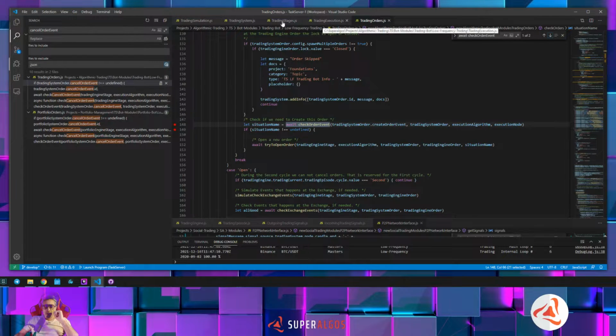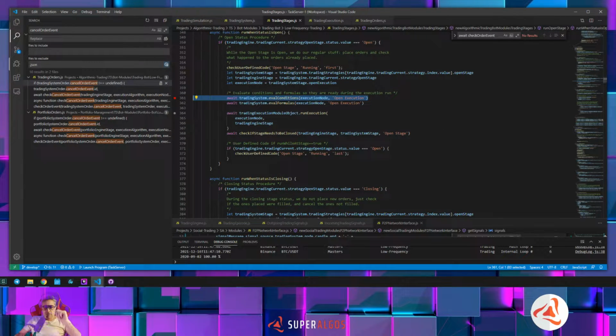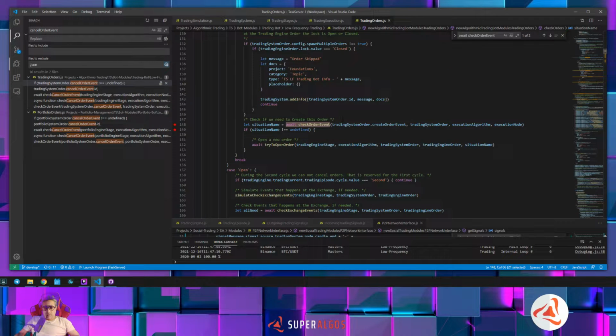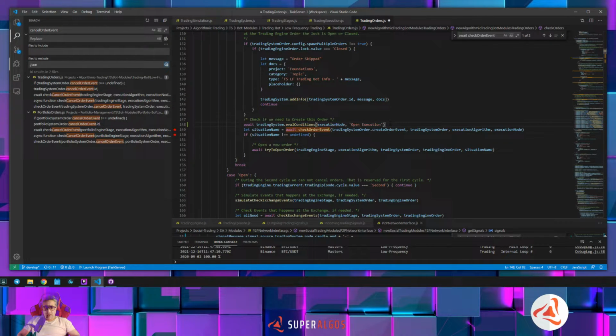Okay, so this doesn't look really that bad. I'm going to remove this from here and place the breakpoint here. So before we are going to evaluate the condition specifically of the trading system order, create order event.